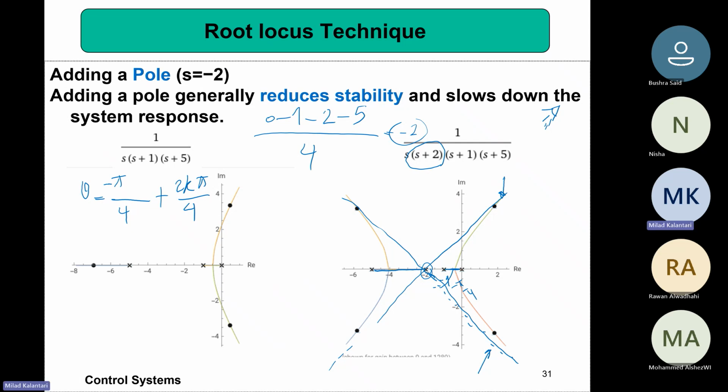So basically, this already tells you this will eventually be unstable if you increase the k too much. And once you have more poles, you will have more of these asymptotes at the end. So for a second order system, when you have only two poles, these asymptotes are only two lines. It really depends on the number of poles and zeros.